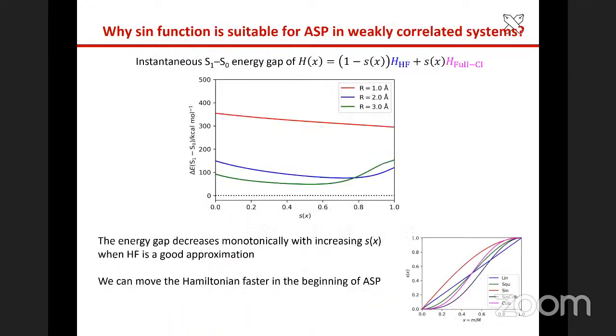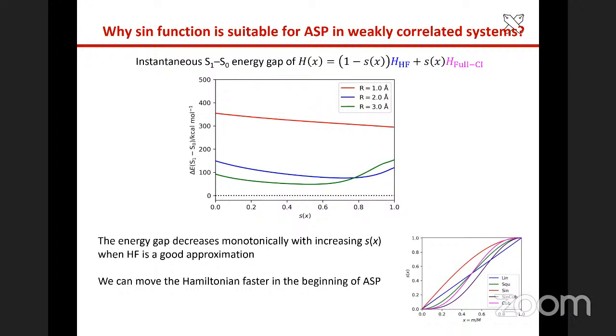Here I can explain why the sinusoidal function is more suitable, because this is the potential energy curve with respect to the scheduling function. I mean the time-dependent Hamiltonian. If Hartree-Fock is a good approximation, the energy gap between the ground state and the excited state is larger in the beginning of the adiabatic state preparation, and it becomes smaller as the schedule function becomes larger.